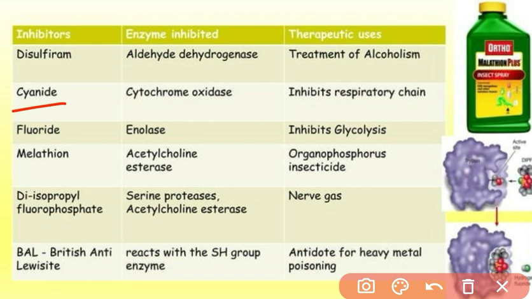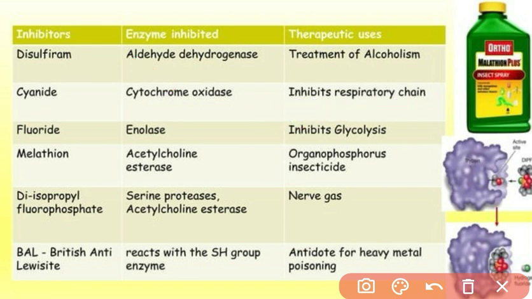Cytochrome C oxidase is the terminal complex in the electron transport chain, also known as complex IV in the ETC. Cyanide inhibits cytochrome C oxidase by combining with iron within the enzyme, which prevents the transport of electrons from cytochrome C oxidase to oxygen, and thus the cell cannot generate ATP and the cell dies. So cyanide inhibits the activity of the enzyme cytochrome oxidase and it inhibits the ETC.